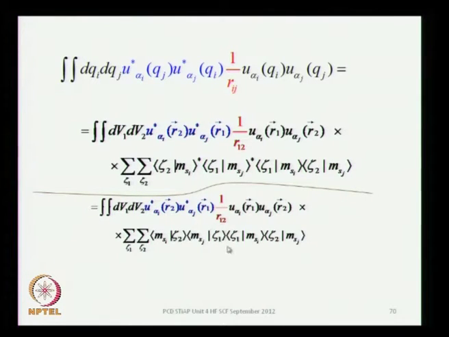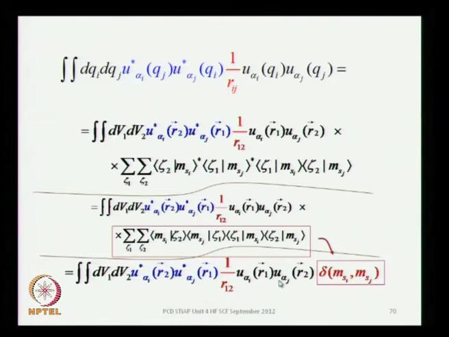So, it will give you a Kronecker delta MSI MSJ, and then you will be left with a summation over zeta 2 with MSI here and an MSJ here. So, that will again give you a Kronecker delta MSI MSJ. So, that is what you get. From the summations over the spin variables, you get a Kronecker delta, which means that you have to take into account this term only when the spins are parallel.